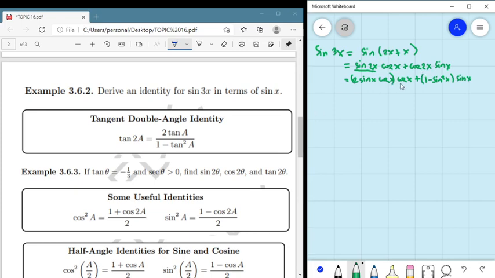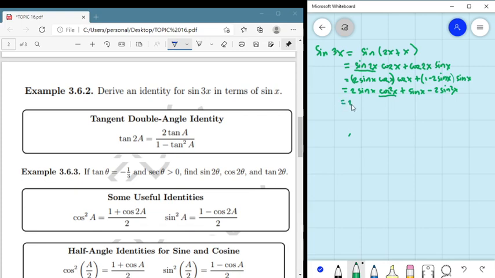Simplifying this, multiplying by cosine x, we have 2 sine x cosine squared x plus sine x minus 2 sine cubed x. Then we are going to replace everything in terms of sine, so all the cosines become sines.